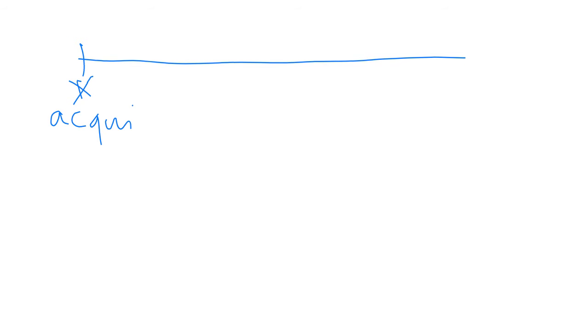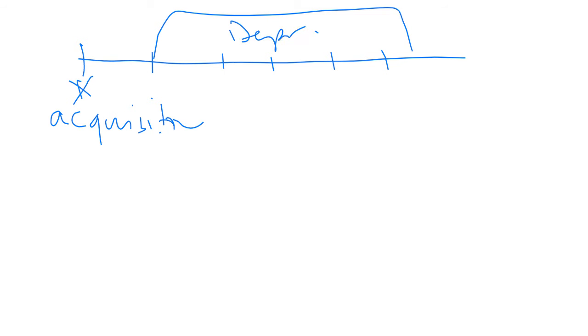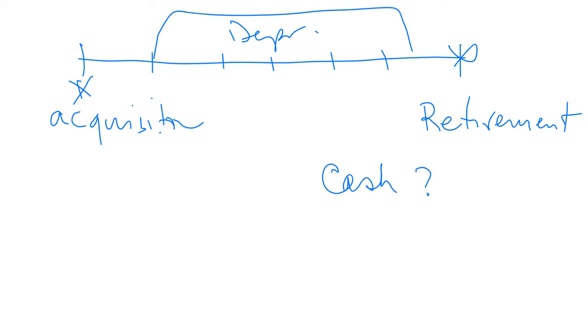Earlier I told you guys the accounting issues right here at the beginning. This is the acquisition of the asset. Then we have depreciation. What happens at the end of the useful life? We call this retirement. When we retire an asset, we need to look at several different things. Are we getting anything for the asset? Are we collecting cash?